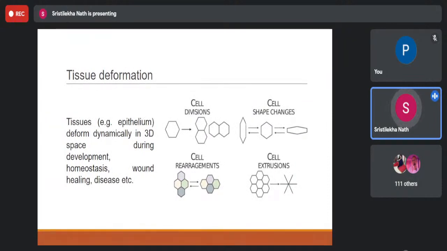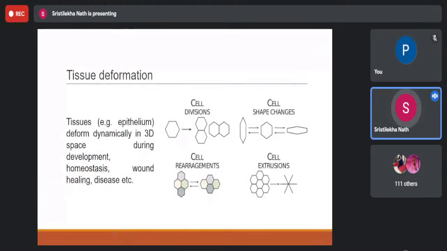Tissue deformation has been reported to be elicited by cell division, since we all know that when a single cell gives rise to two cells or four cells, depending on the cell division, then that single cell is deformed because it has now formed two or four. Similarly, cell shape changes.